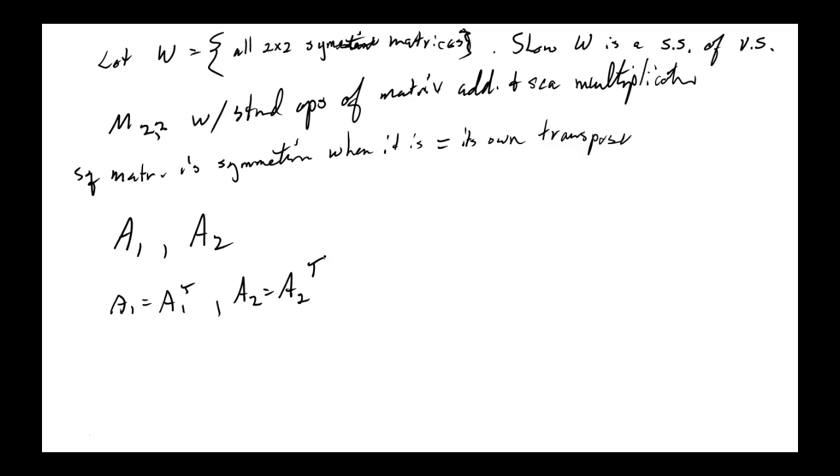That's the definition of a symmetric matrix: it's equal to its own transpose. Now, what we have to show is that A1 plus A2, that first condition, is indeed a symmetric matrix.